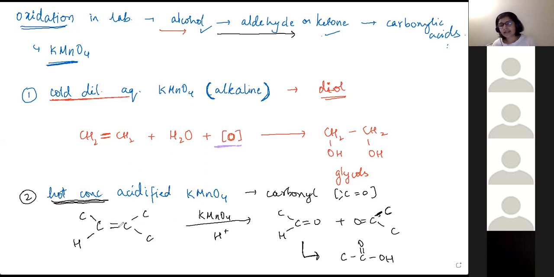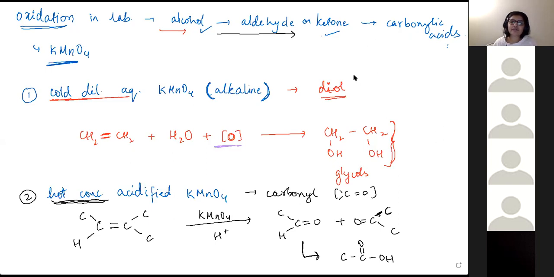So first check the reaction conditions. If it is cold, dilute, aqueous KMnO4, then you just add alcohol groups and that's it. You get glycols, diols. Easy, reaction done.